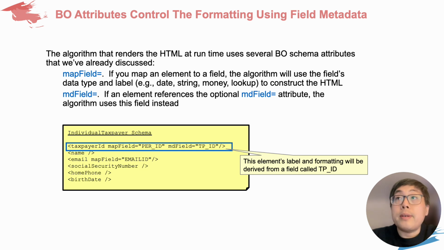If you store it as a number, and your metadata field is also a number, by default, if it's UK format, it will show with the comma in the middle. But what you can do is define this metadata field as a string. If you define it as a string, it will show as a string, so it will show the number without the comma in the middle. Okay, so this is one of the tricks you can do, because normally we don't change the database, but we can change metadata.